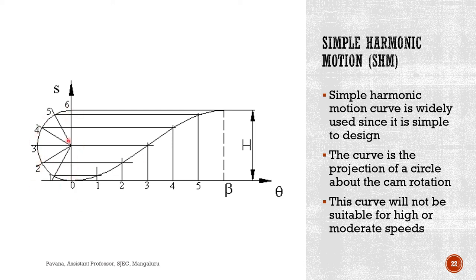The semicircle is divided into different points and they are projected here, and a vertical line is drawn. The intersection is used to draw the curve. Here we can note that even though the velocity and acceleration are finite, the maximum acceleration is discontinuous at the start and end of the rise period. Okay, so here both are finite, we'll get a parabola.